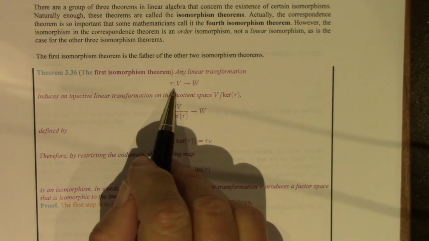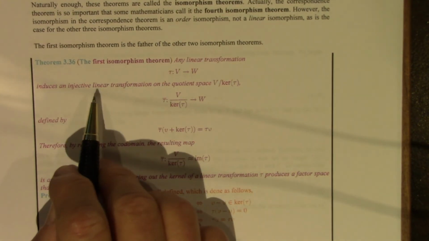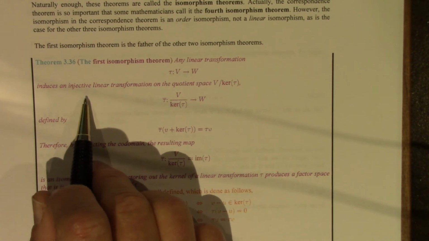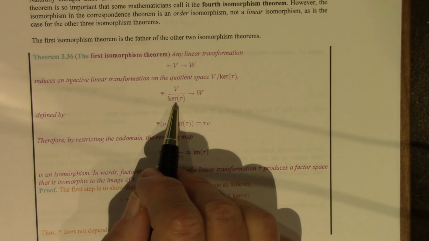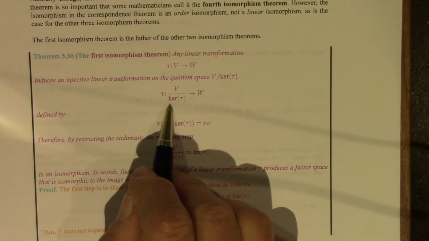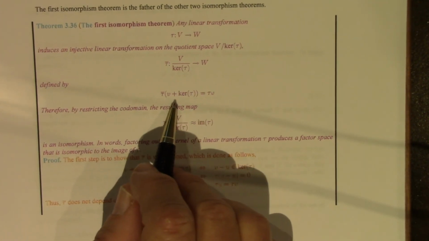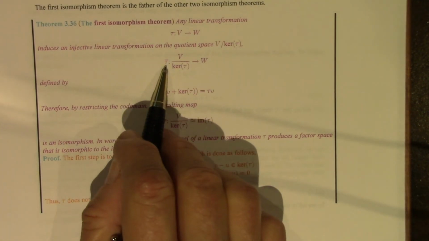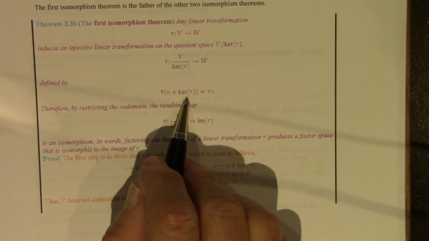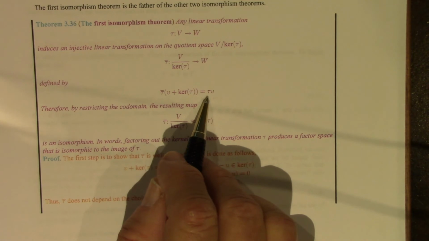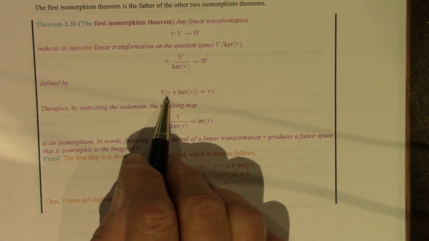Any linear transformation tau from V to W induces an injective linear transformation on the quotient space V mod the kernel of tau to W. I call it tau bar, and it's defined on a coset v plus kernel of tau as tau applied to the coset representative.